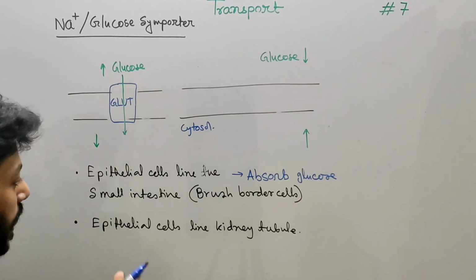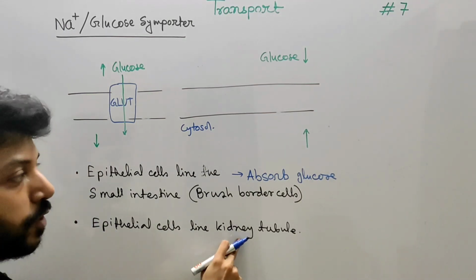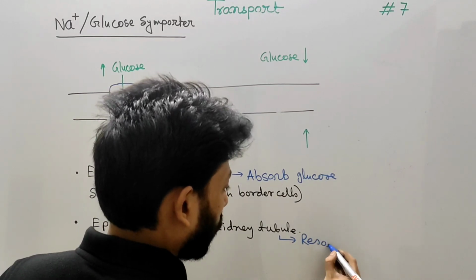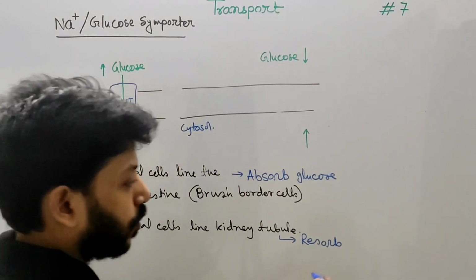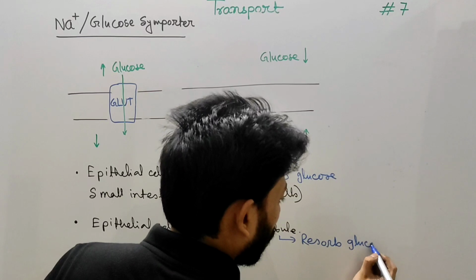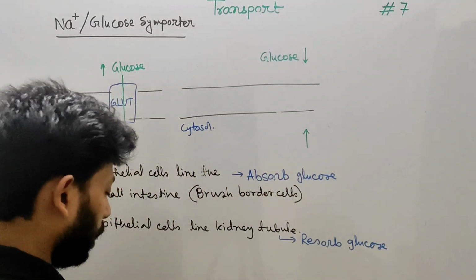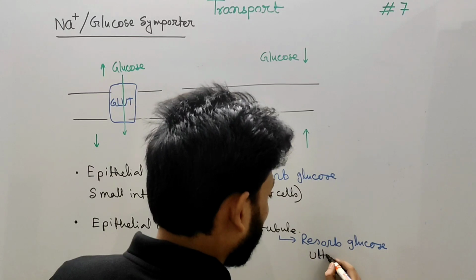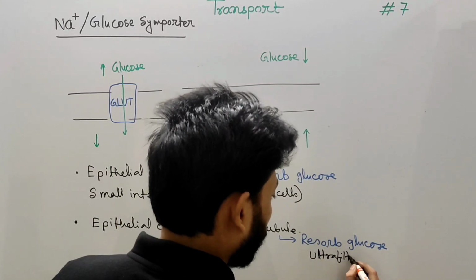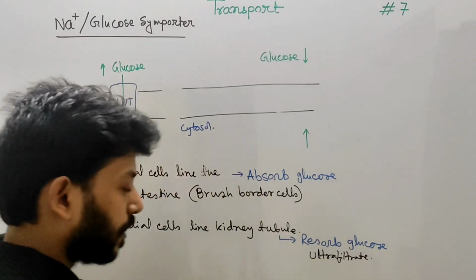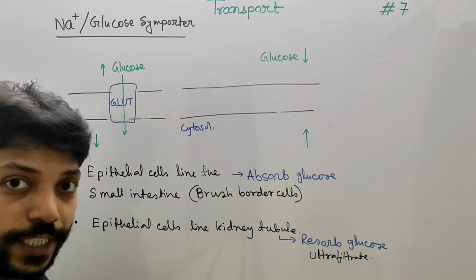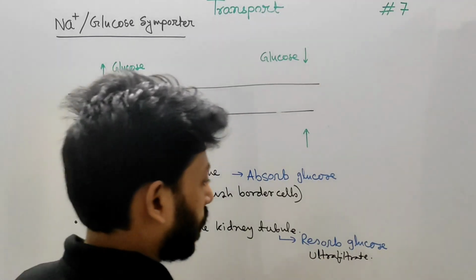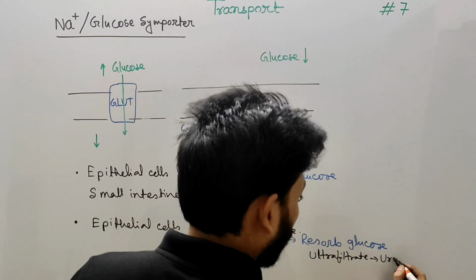But in the case of kidney tubule cells, they resorb glucose from, remember this, the ultrafiltrate, and from this ultrafiltrate they absorb glucose. Ultimately the ultrafiltrate becomes urine.